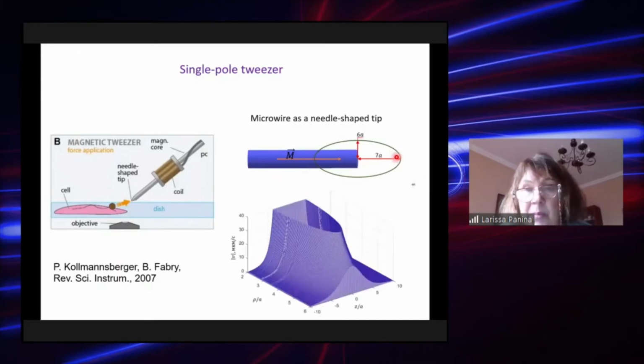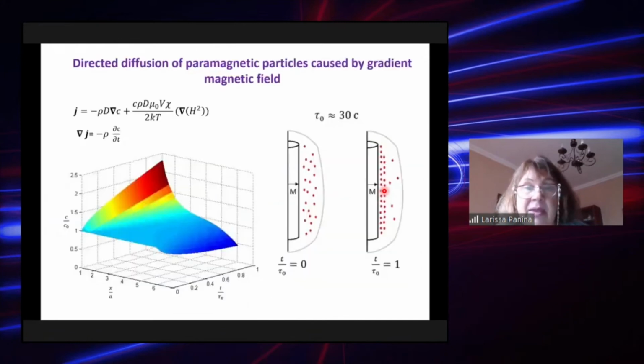But then, imposing this force, the particle will rapidly move towards the wire ends and it would end at the surface. To redistribute the particles, it is necessary to remagnetize. So that's why typically you need not just a single wire for this operation, but at least 3 wires.